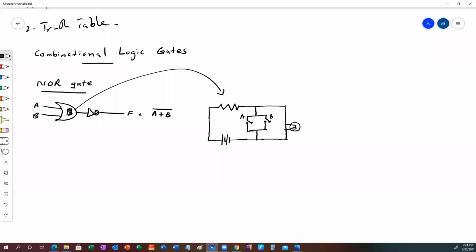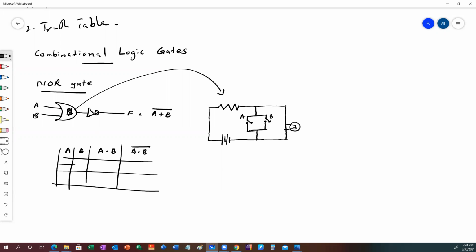Right. Then you have to have the truth table. When you take the truth table, it should be A, B, then A and B, then A and B full power. Right.